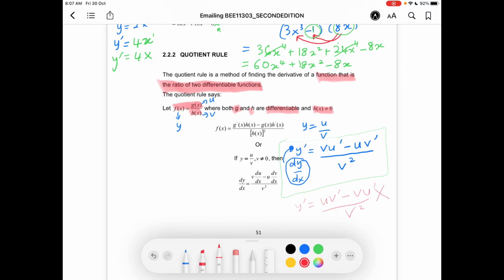This is wrong, unless you put a negative in front and a positive here, then this one is acceptable. But again, you cannot change the position of the original formula. It is v u prime minus u v prime. I hope that is clear. Don't change the formula to suit yourself.